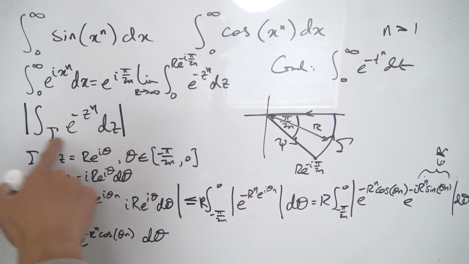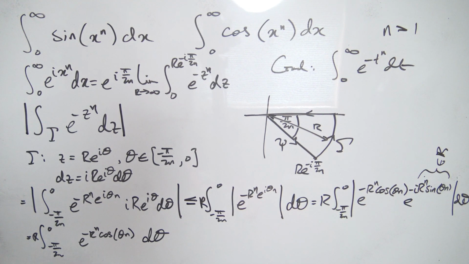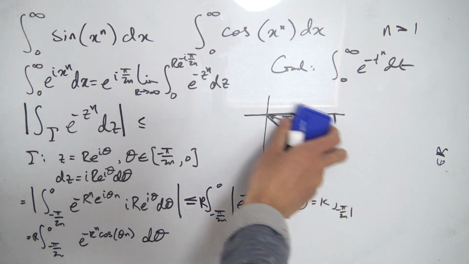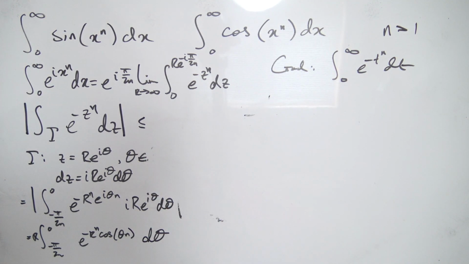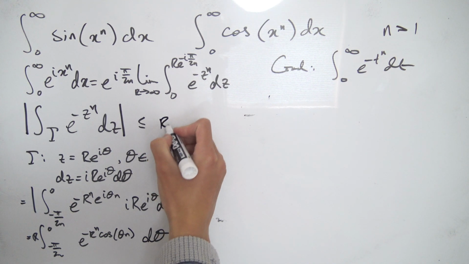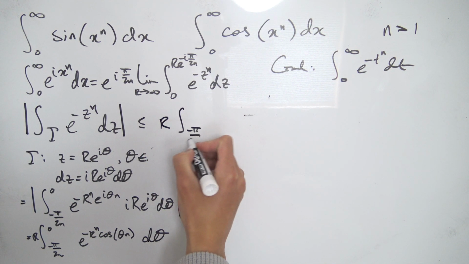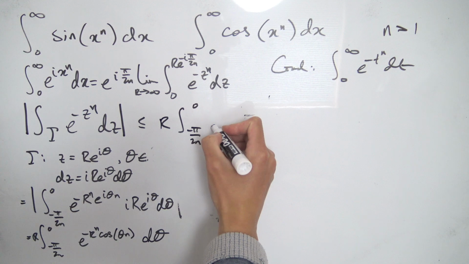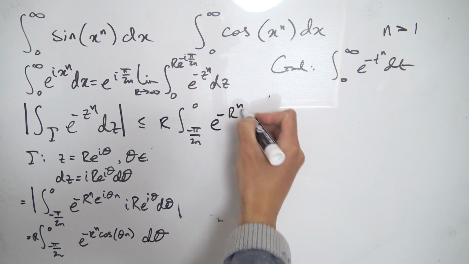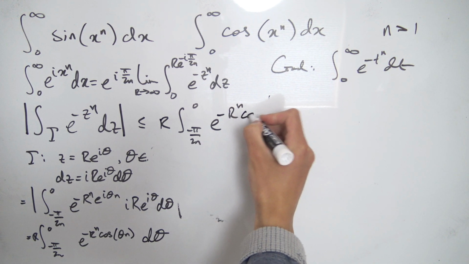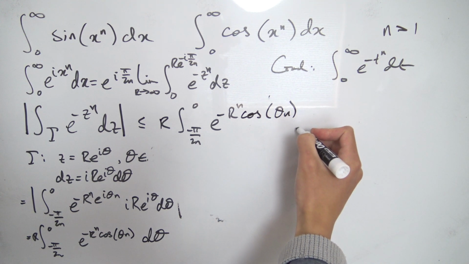So the absolute value of the integral over gamma is less than or equal to this integral that we currently have. So let's move that back up. This is less than or equal to r times the integral from minus pi over 2n all the way up to 0 of e to the minus r to the n cosine of theta n d theta.